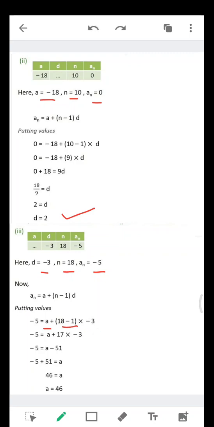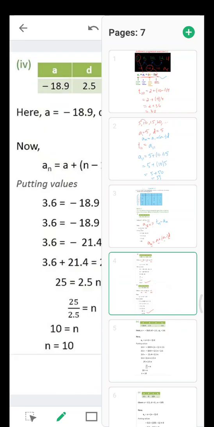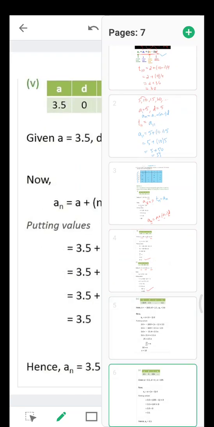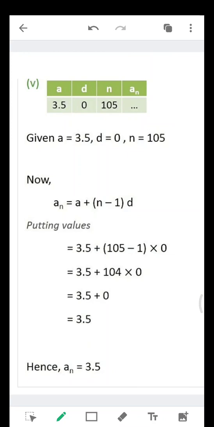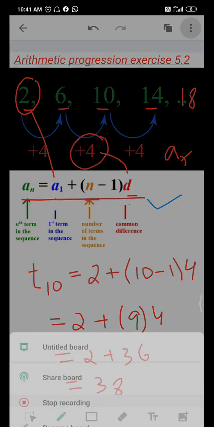Simplifying this all, 18 minus 1 is 17. 17 into minus 3 gives you minus 51. So the a value will be minus 5 plus 51, that will be 46. So this way we find the value of a. In the same way you have to continue with the other bits, that is the 4th bit and the 5th bit of this question. Okay, complete this in your classwork.